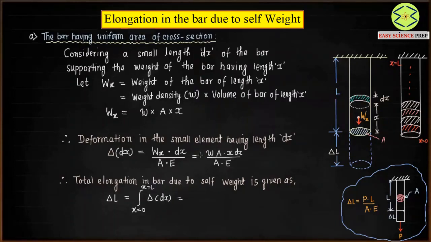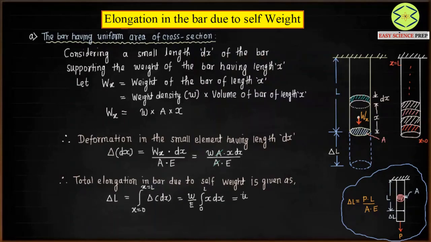If you see here, the weight density, that is weight per unit volume, is constant, area is again constant, E is again constant, so only x dx will remain inside. You can cancel area in numerator and denominator. You'll get W, that is weight density, divided by E, and then in the integration you will have limits 0 to L and x dx. So x dx is a simple integration, x square by 2.